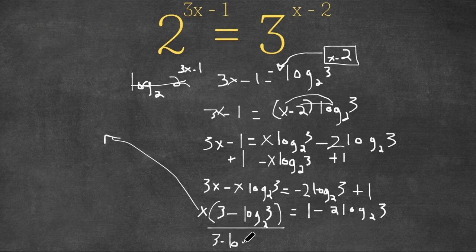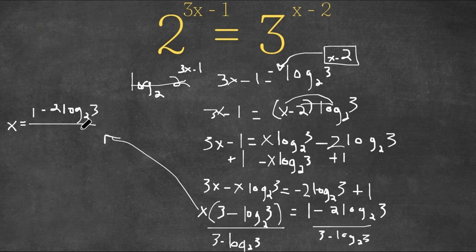If we divide by this on both sides, we get that x equals 1 minus 2 log 3 over 3 minus log subscript 2 of 3.